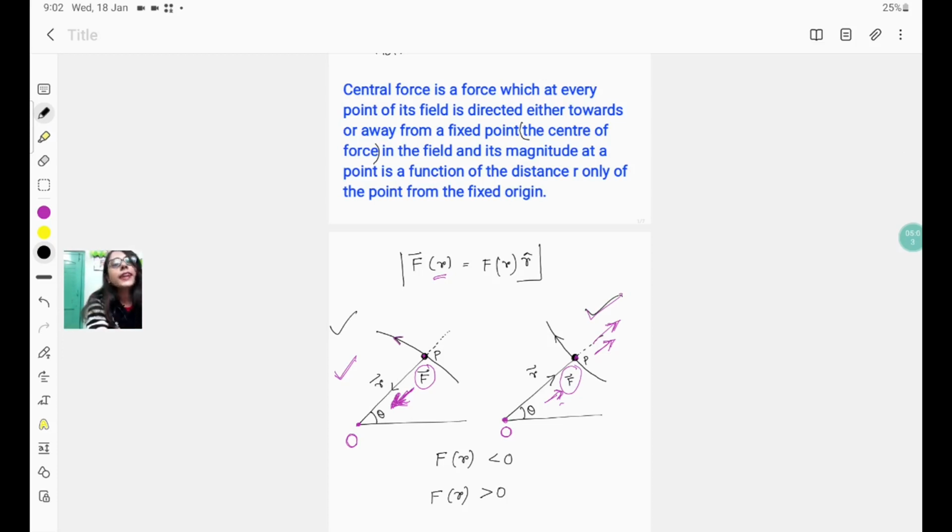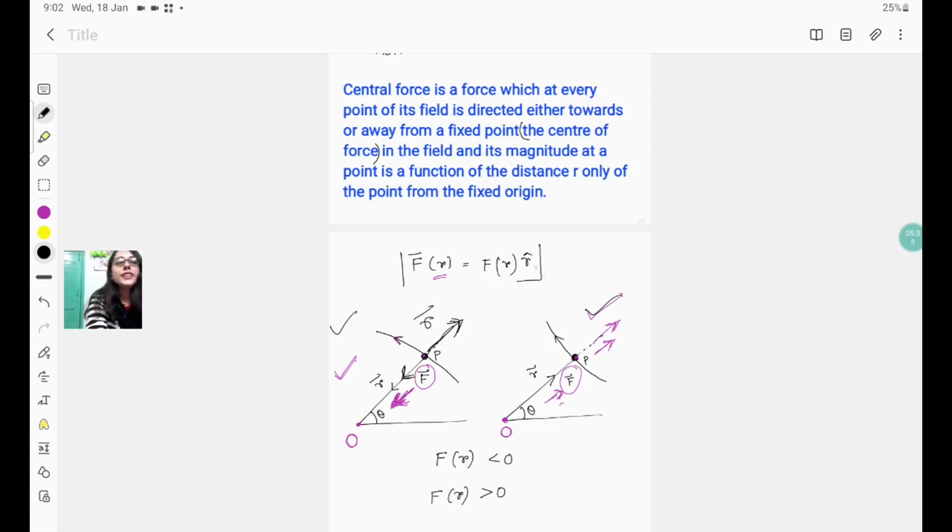That is, it is acting along this line, either in this direction or in this direction, that is, towards O or away from O. It does not matter whether towards or away from, it is always acting along r, the position vector, that is, always along the line joining O and P.